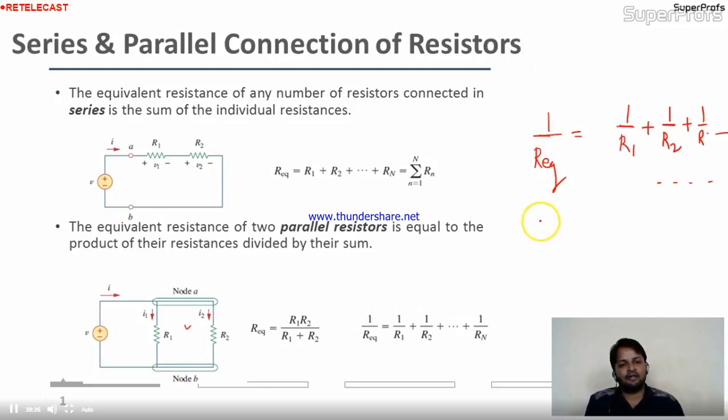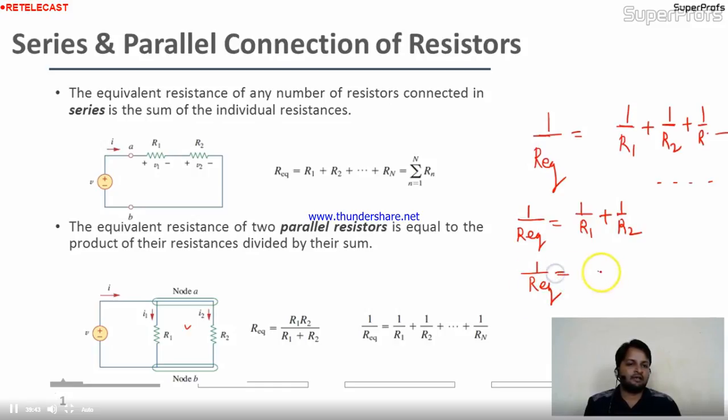So if you have only two, R1 and R2, two elements connected in parallel, then 1 by R equivalent equals 1 by R1 plus 1 by R2. If you solve this, take the LCM, R1 R2 over R1 plus R2, now take the inverse and your R equivalent will be R1 R2 upon R1 plus R2.